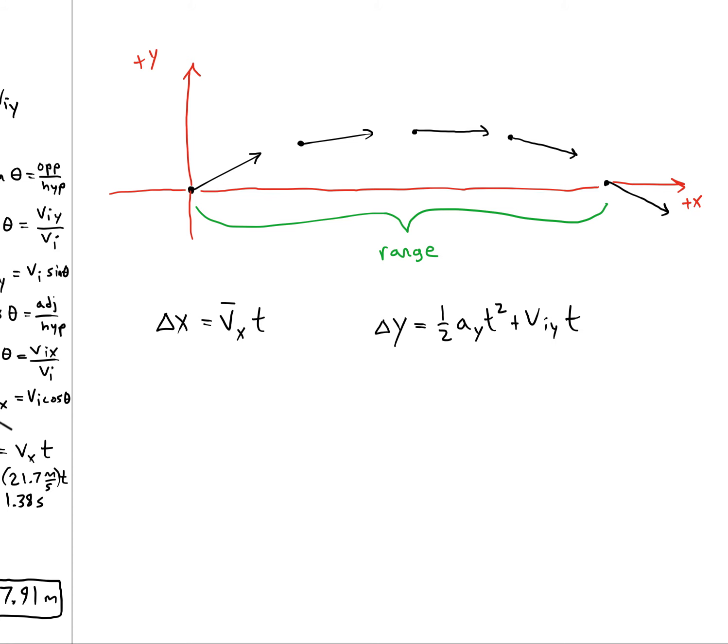Alright, now if we want to see how far it'll go by the time it comes back to the same launch height, we want to actually let the delta y be 0. Because you're starting off at y equals 0, you're going up, so there's some positive displacement of going up, but then you come back down, so that's a negative, and that cancels out, and you come back to y equals 0 again, so your delta y is 0.